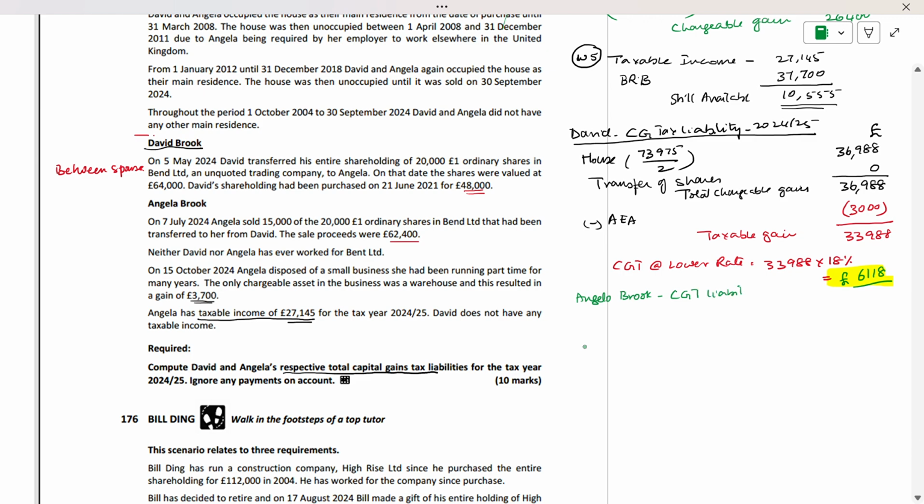I am writing like this, you don't write. Every time I will tell you like this. You have to write capital gain tax in full.